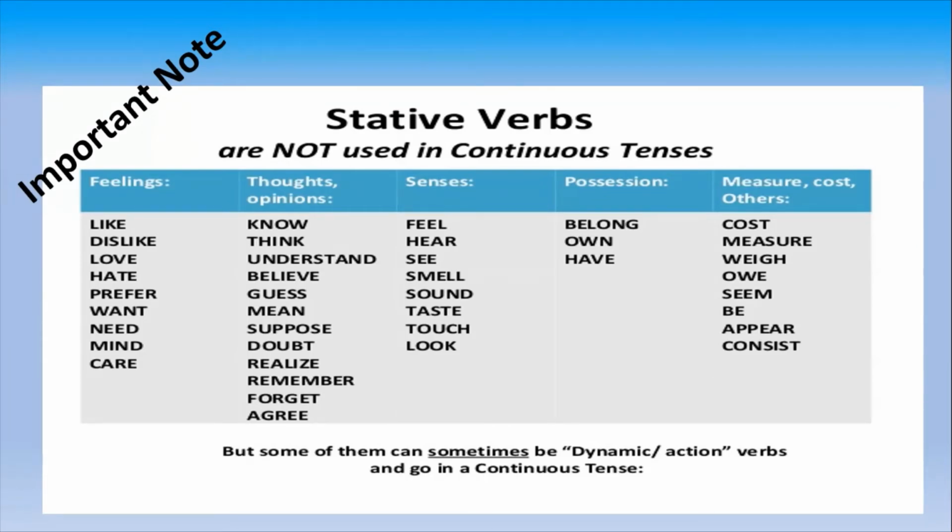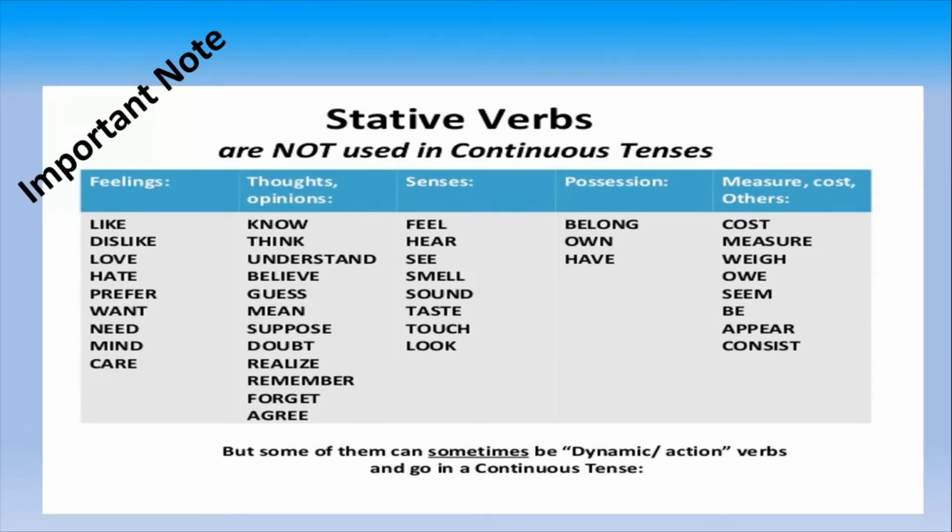Dynamic verbs are verbs that have action and movement. Examples for the dynamic verb: run, work, go, study, etc. These have movement, dynamic action. With these dynamic verbs, we can use ing.